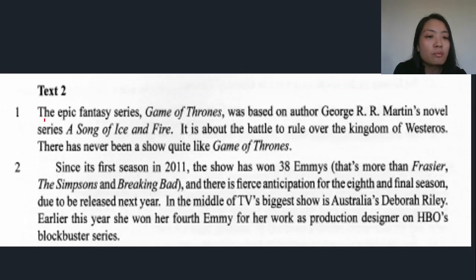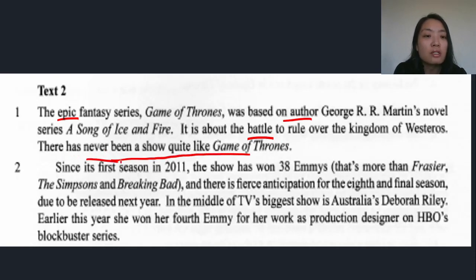Okay, so it says here, the epic fantasy series Game of Thrones was based on author George R.R. Martin's novel series, A Song of Ice and Fire. Okay, so we know that this epic series is based on this author. Maybe not very important lah, this information, but you just read through. So it's about the battle to rule over the kingdom of Westeros. Okay, some kind of battle, and there has never been quite a show like Game of Thrones.